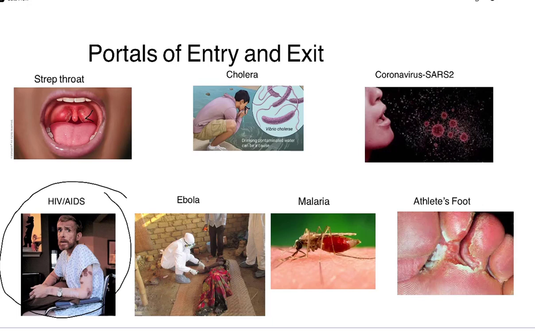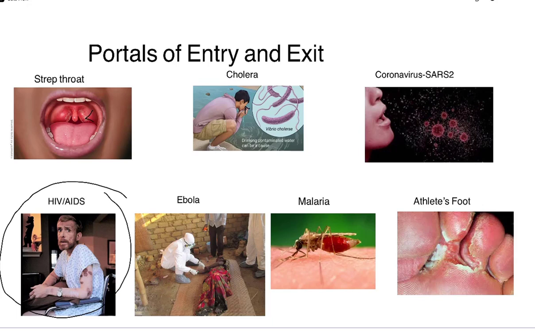So another portal of entry is directly into the blood. And an example of this would be a needle. So if you're injecting illicit drugs like heroin, then that is a portal of entry using a dirty needle. Also, blood transfusions. When the AIDS epidemic first started, blood transfusions were a major method of transmission. And so, again, that's an IV, bringing that blood into you. So that's a needle. So portal of entry is a needle prick into the blood.